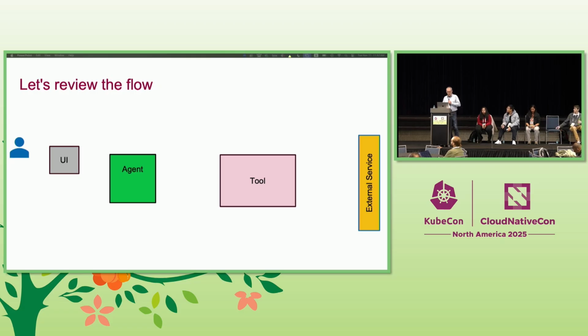We have a user talking to a UI, and there is an agent, a tool, and some external service, which was the GitHub service. We'll be passing the request from the user all the way to the agent, and then the agent obviously makes the decision what to do next, and it would be talking to a tool which requires access to the service.